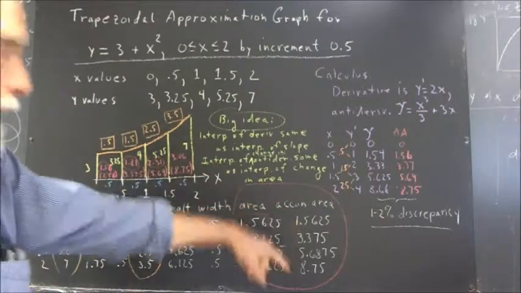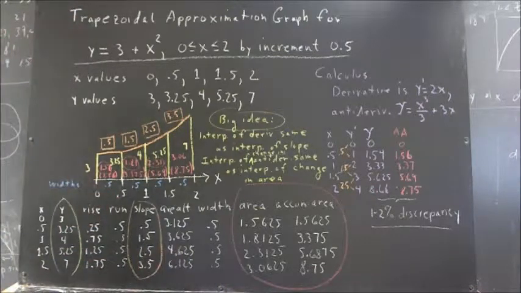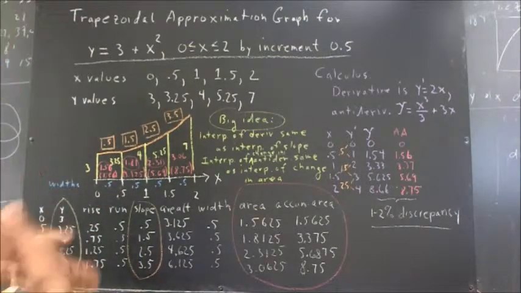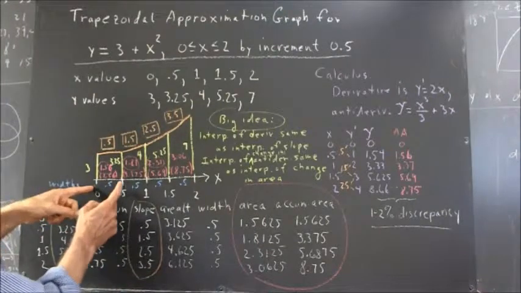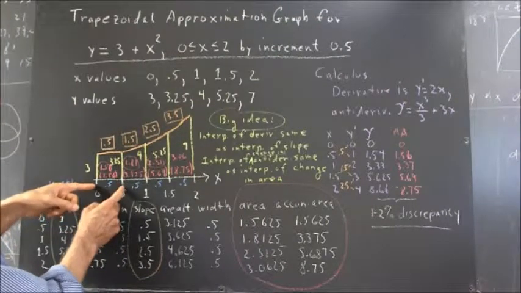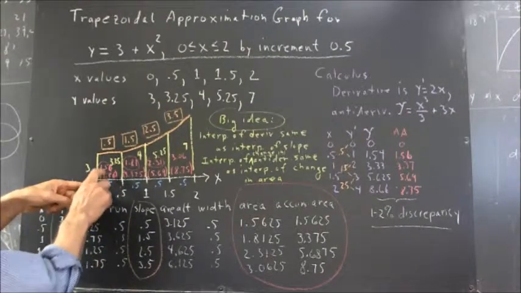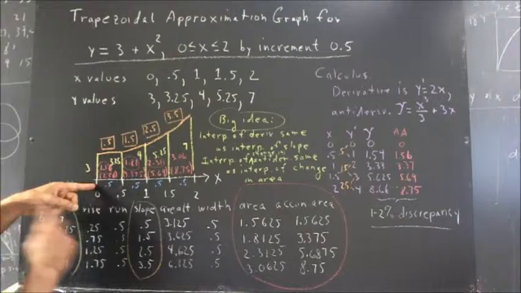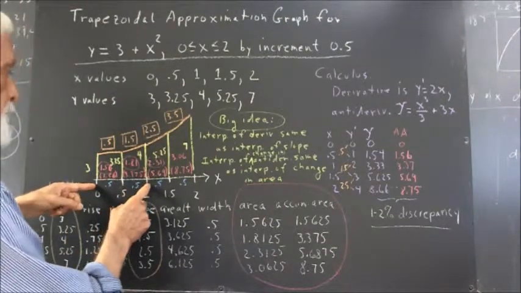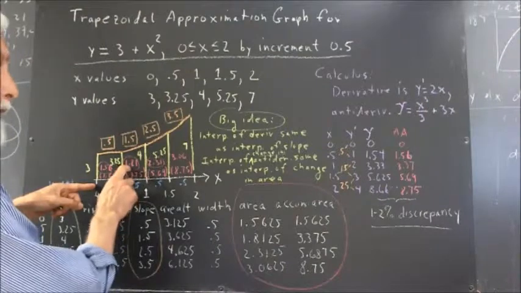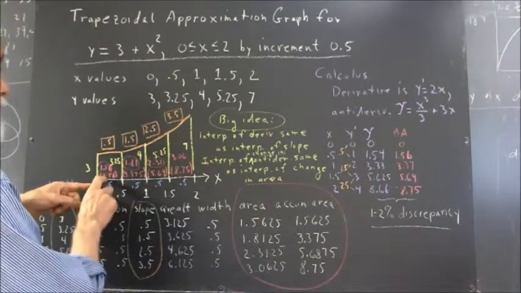And then each area is added to the accumulated area of the preceding, meaning that we accumulate areas from the left-hand point of the graph. By the time we get to the end of the first trapezoid, we will have accumulated area 1.56, just matching the area of the first trapezoid. By the end of the second trapezoid, we'll have accumulated 1.81 more units of area, which will be added to the area we had accumulated.